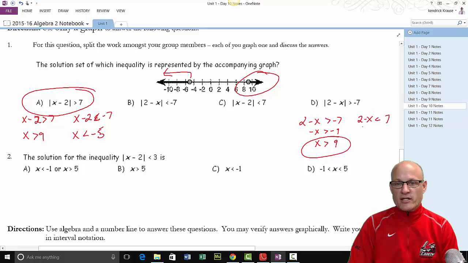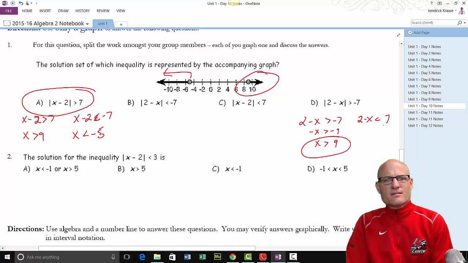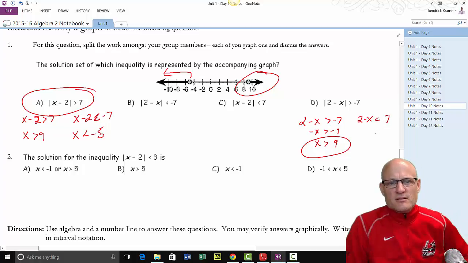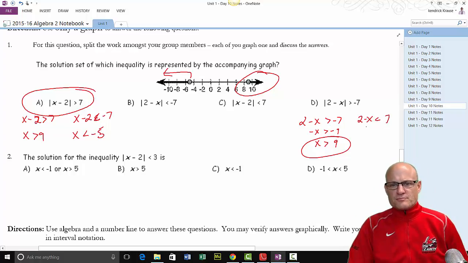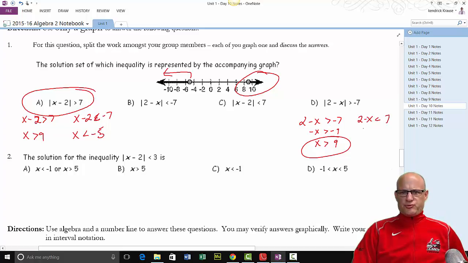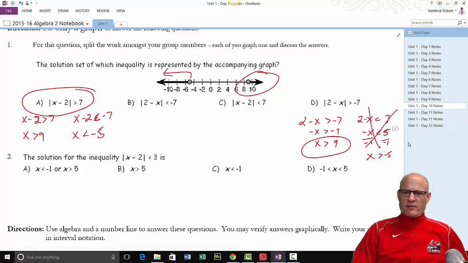Solve this, I get negative x is less than positive 5. And then I divide by negative 1, divide by negative 1. This is where this is going to be a problem. X is greater than negative 5, and x is not greater than 5. It's less than 5. So that one doesn't work. That was kind of an obnoxious question.